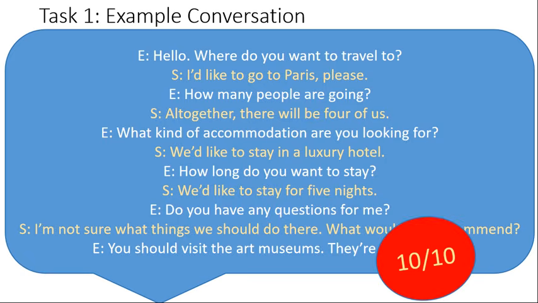So for this, I would expect this type of conversation to get you 10 out of 10. 2 points for each answer. Obviously, it depends on your fluency and pronunciation, but they don't have to be perfect for you to get 2 points on each question. So I would expect this conversation to score 10 out of 10.